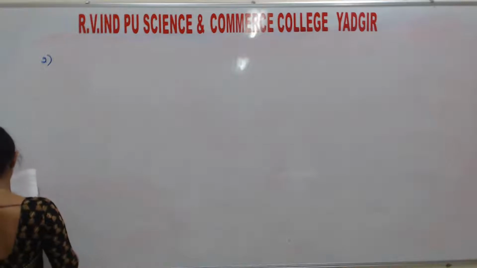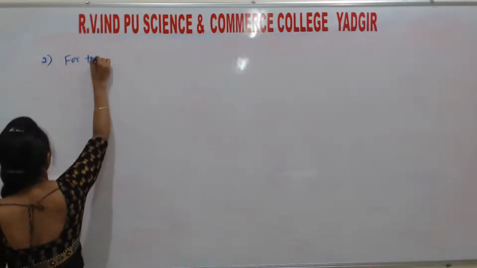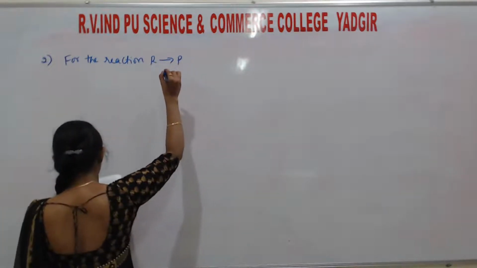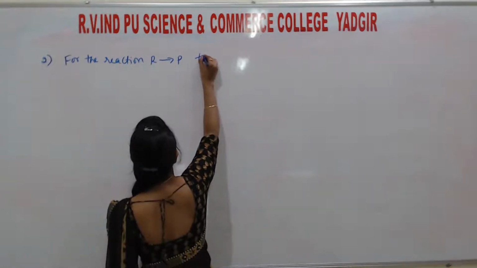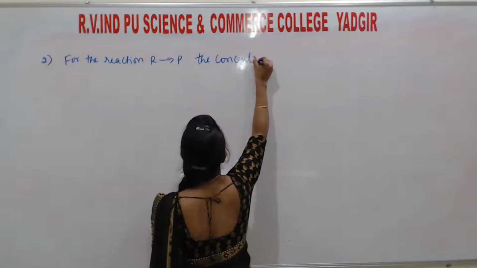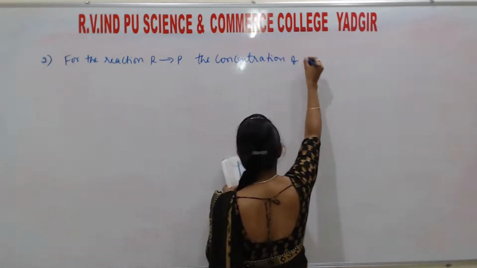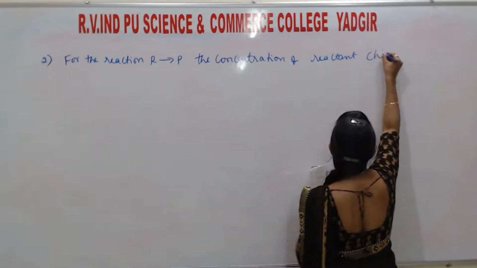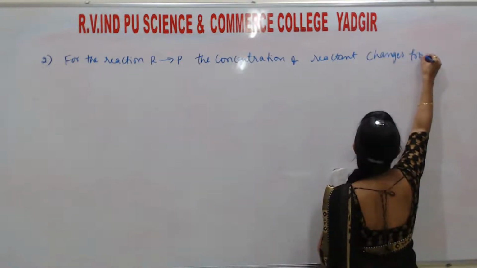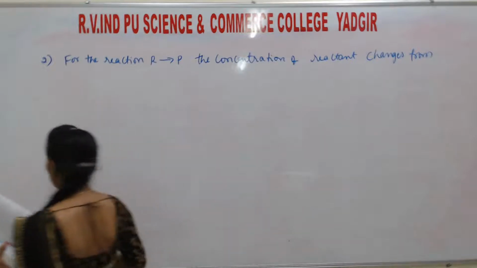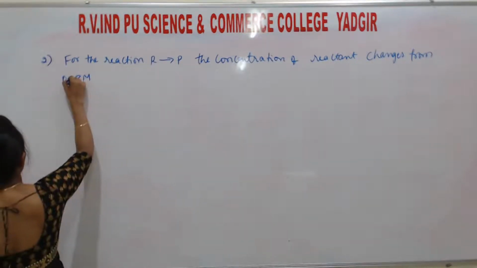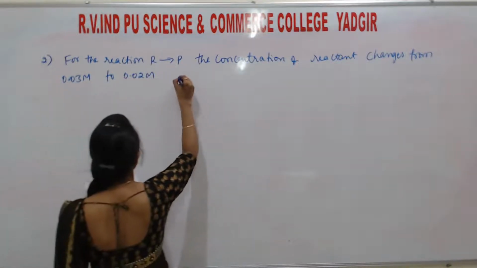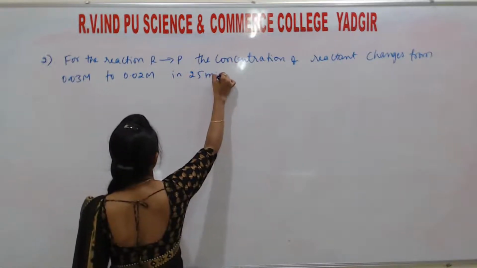Second one. For the reaction R tends to P, the concentration of reactant changes from 0.03 molar to 0.02 molar in 25 minutes.